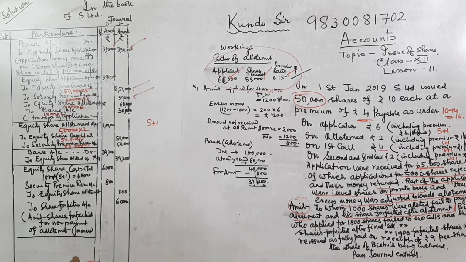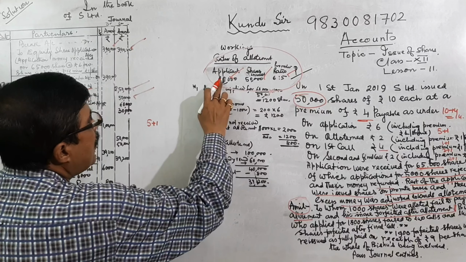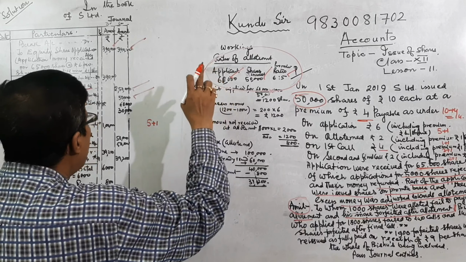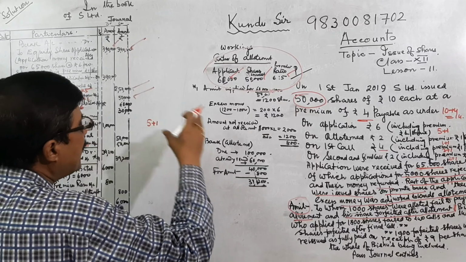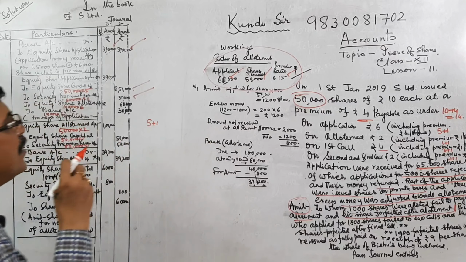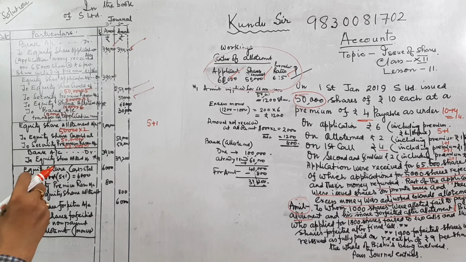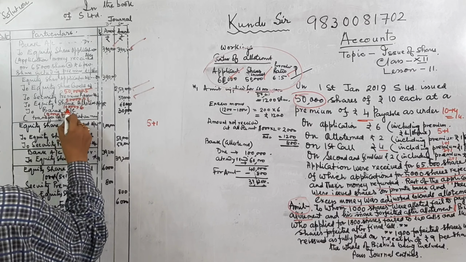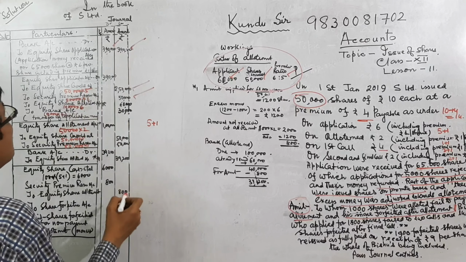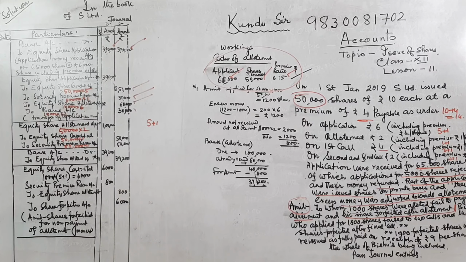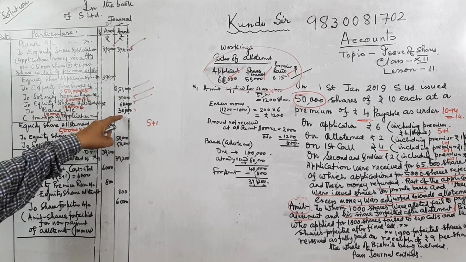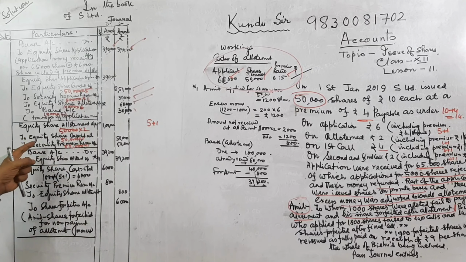The excess money for 10,000 applicants into rupees 6: we are allotting 50,000 shares but retaining the money on 60,000 shares. That means the rest 10,000 into 6 we are transferring to the next call, share allotment, and we should be alert about the crediting entry.